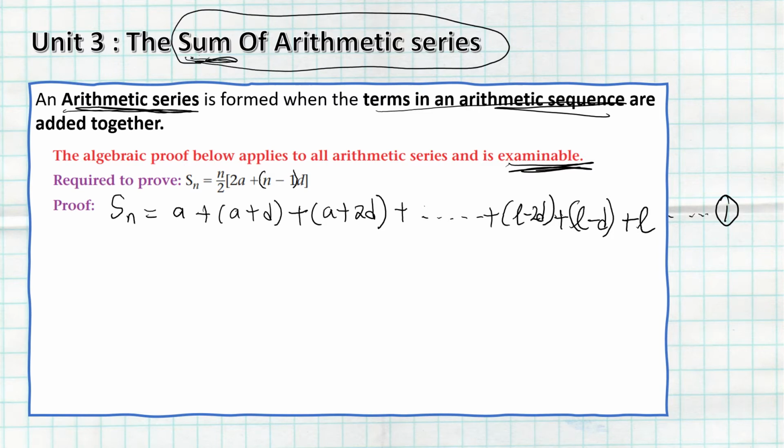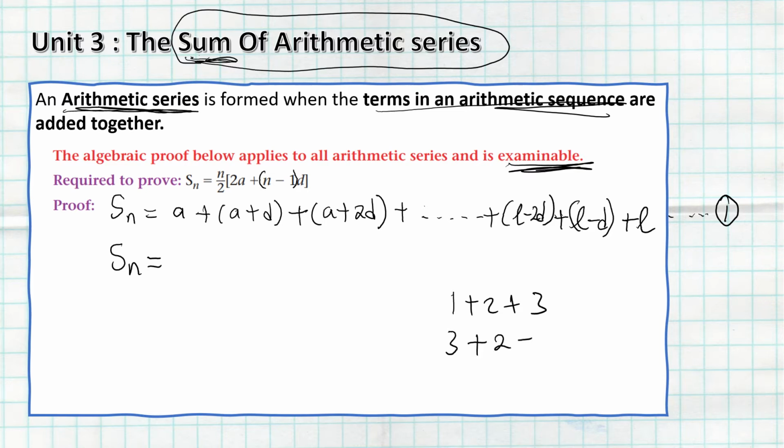In order to formulate equation 2, we can start adding from the last term and go backward. For example, if I want to add 1 plus 2 plus 3, it is the same as starting with 3 plus 2 plus 1.